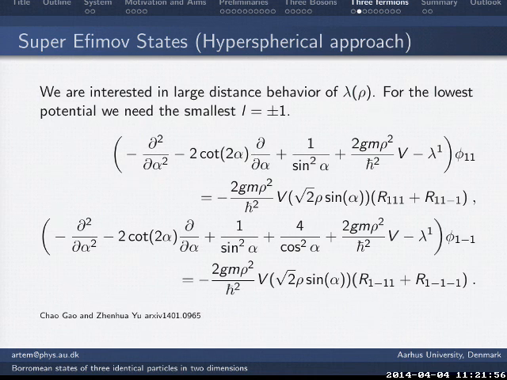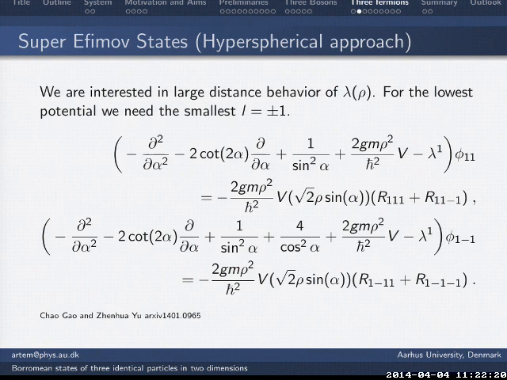In this way we can establish lambda, and I would like to point to this paper. We are not the only group who worked on the hyperspherical approach to understand super Efimov states. There was another paper, and without their results, our results would not be correct, and without our results, theirs also would not be correct.